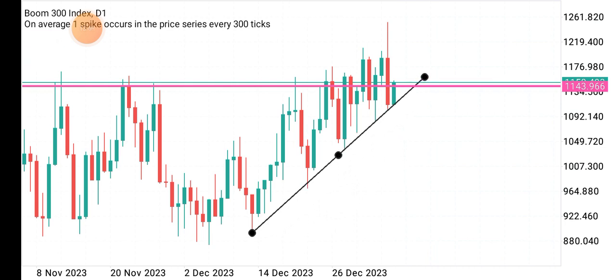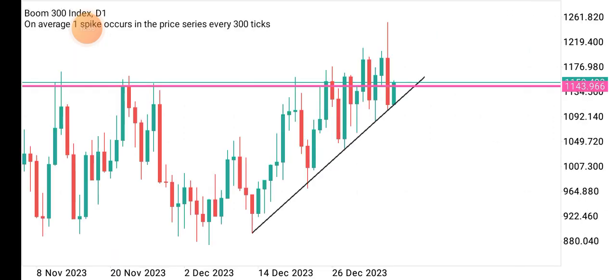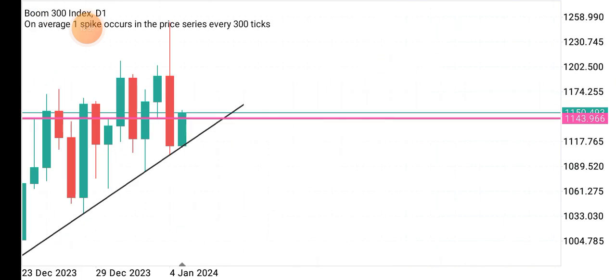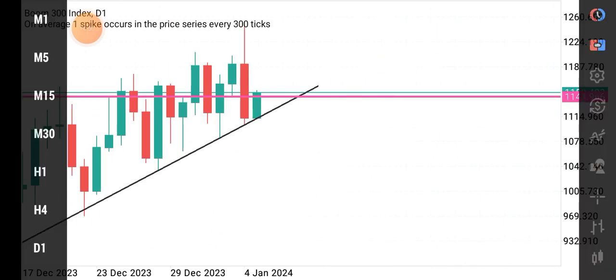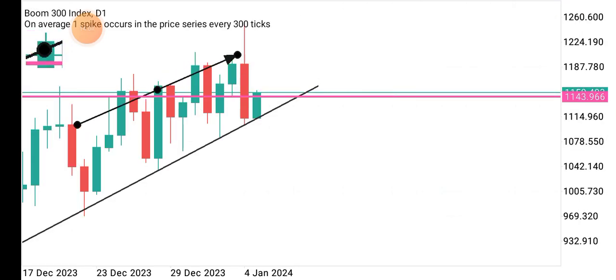The candlestick that we took the trade on is this long bearish candlestick that gave this bearish engulfing pattern. And mind you, we entered the market at this point, so I will target either the trend line or anywhere around here to take my profit.